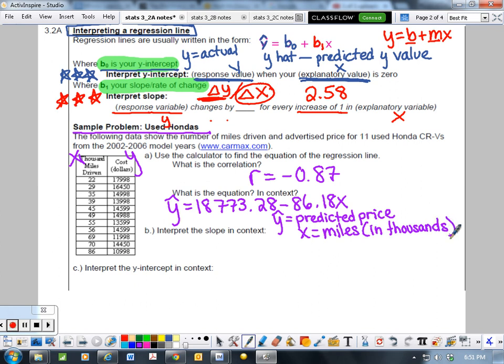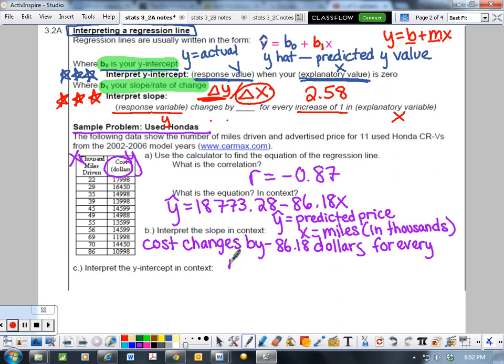So interpret the slope in context. My slope is negative 86.18. So what's going to happen is our response variable, cost, changes by negative $86.18 for every increase in X. And our X is 1,000 miles.